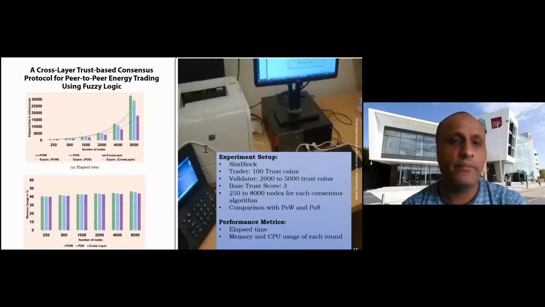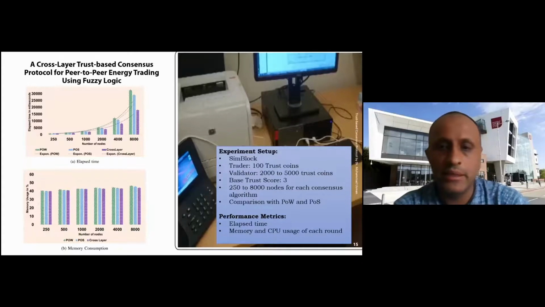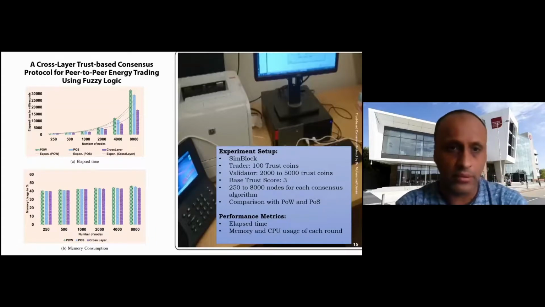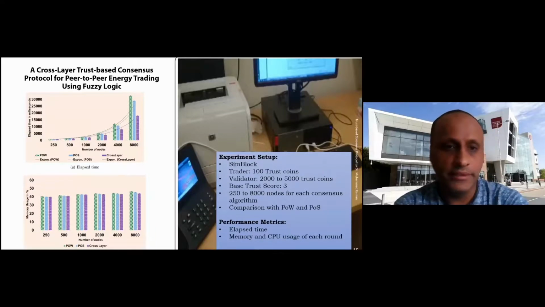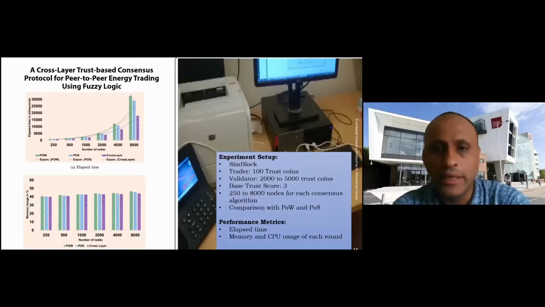We evaluated performance of our proposal by building an experiment setup on SimBlock simulator, and we specifically measured performance in terms of elapsed time, memory, and CPU usage of each round. So the elapsed time, if you look at the top graph on the left hand side, you can observe that the elapsed time starts to increase as the number of node increases.